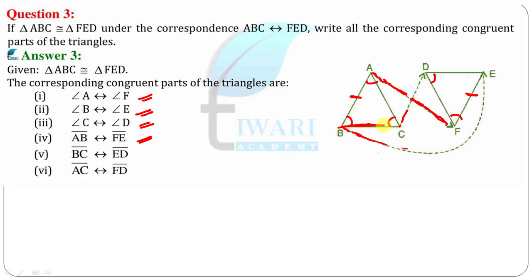B is connected to E and C is connected to D, so BC is equal to ED. Next, C is connected to D and A is connected to F, so AC is equal to FD. That is the required answer.